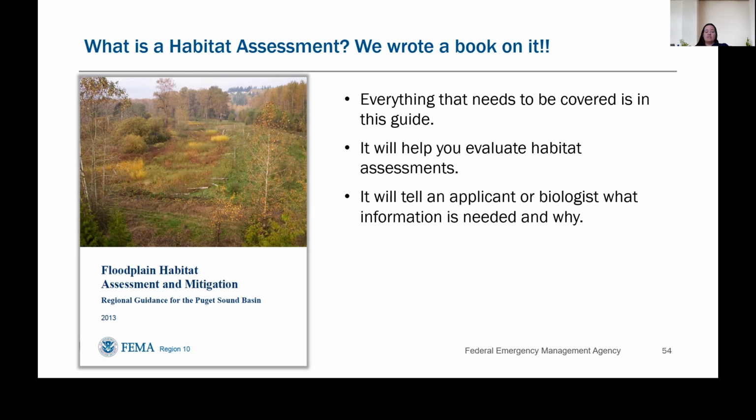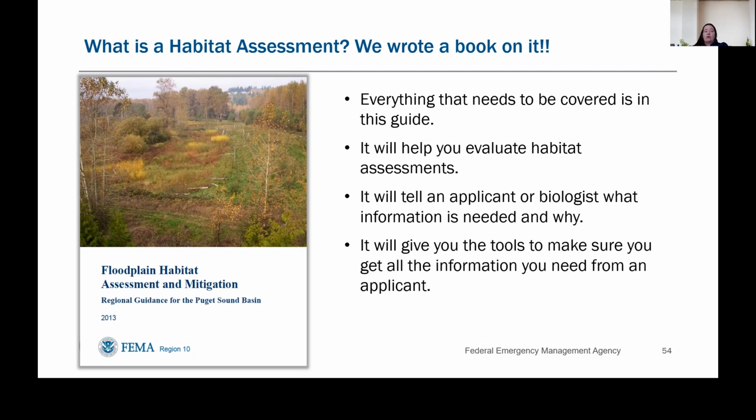So it's super helpful to get it out there in the community so that applicants and biologists that write these reports are aware of those requirements. It's really tough as a permitter to get a report in that a lot has gone into, that a lot of money has been spent on, and then have to say, okay, this is great, but here are all the things that it's missing that I need because this is an ESA level analysis.